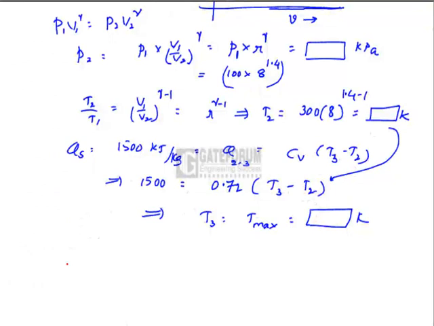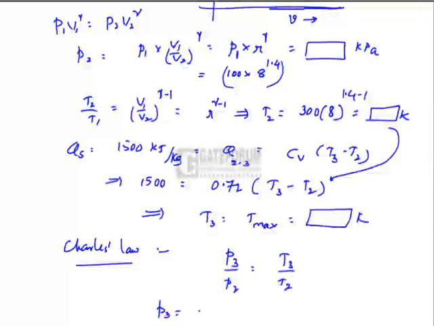Having known T3, we can easily calculate P3 by using Charles' law. Volume remaining constant in the process 2 to 3, P3 by P2 is equal to T3 by T2. Both T3 and T2 are already calculated. Even the P2 is calculated.